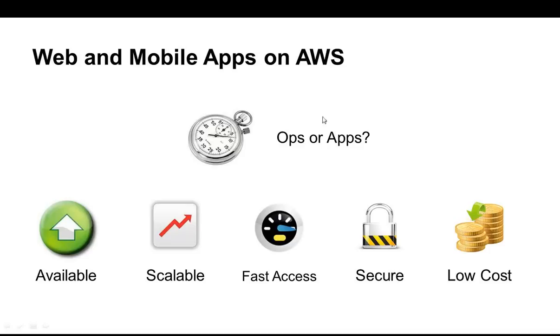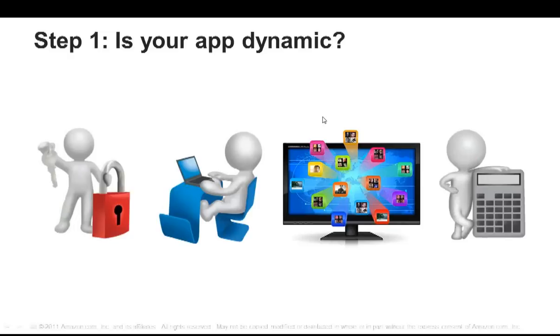So let's start talking about the first decision. It's really step 1 in the decision tree for running your website or web application on AWS. And so the first question is, is your app dynamic? Most apps use servers or virtual machines to deliver their web app or website.